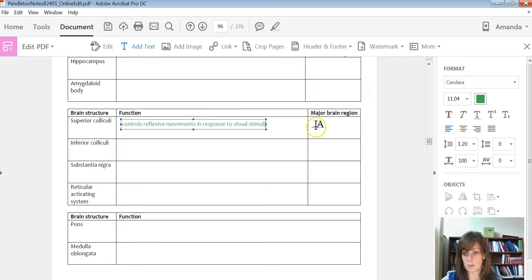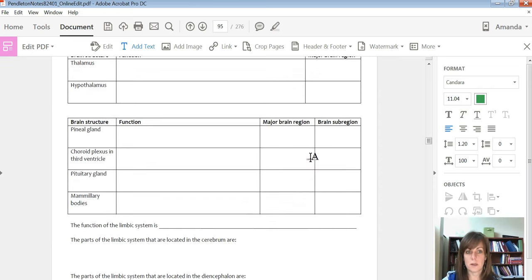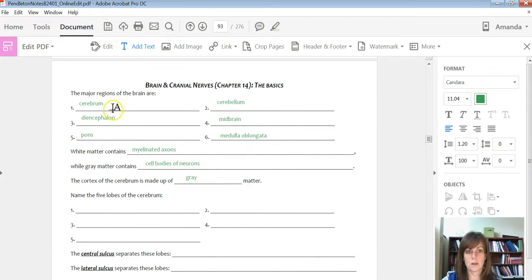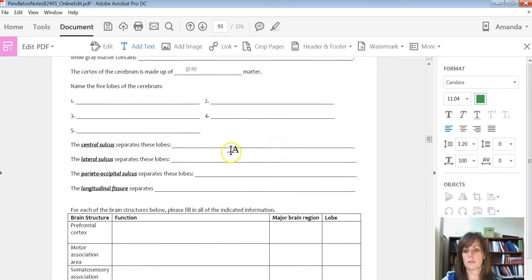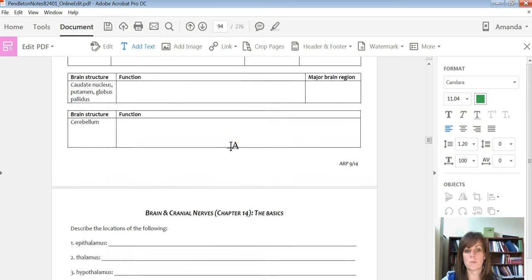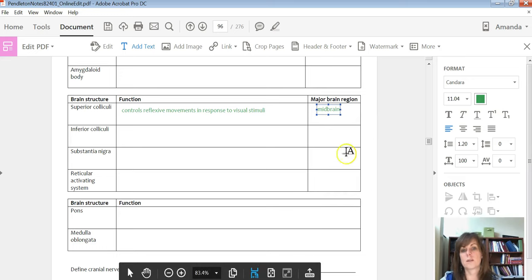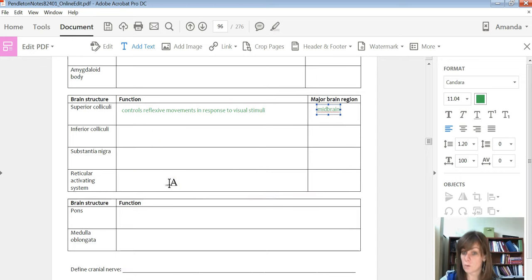What's the major brain region? How do I know what the major brain region is? Well, you go up here where earlier you answered, here are the major brain regions. And so this is in the midbrain, and so what you're going to go down and put in that box down there would be midbrain. So I'll let you continue looking through this. We've discussed these, and see if you can figure out the functions, write them in your own words, and also what is that major brain region.